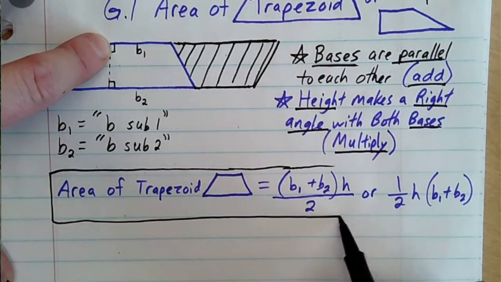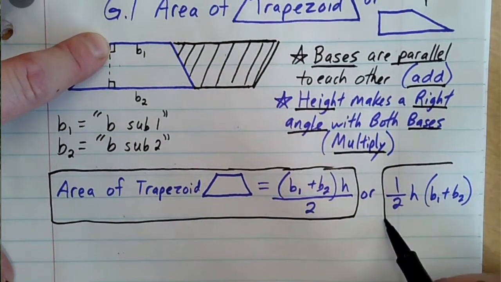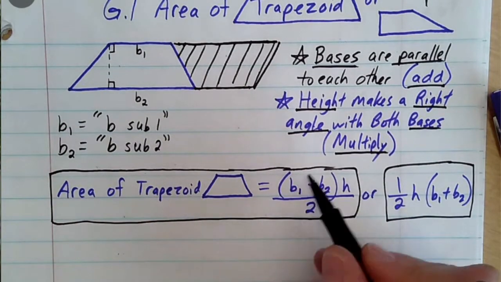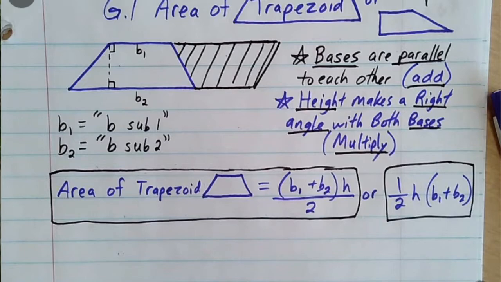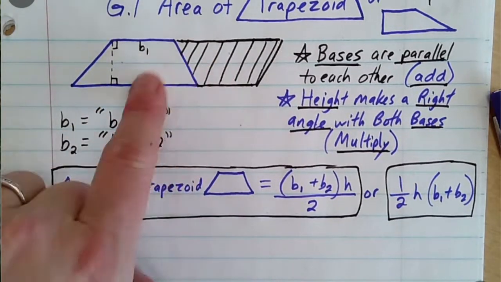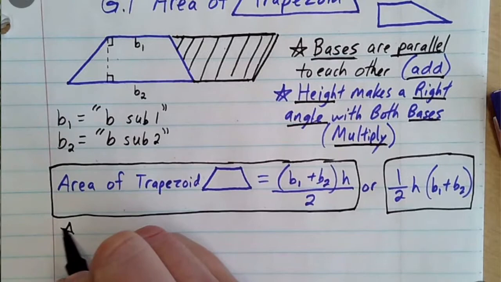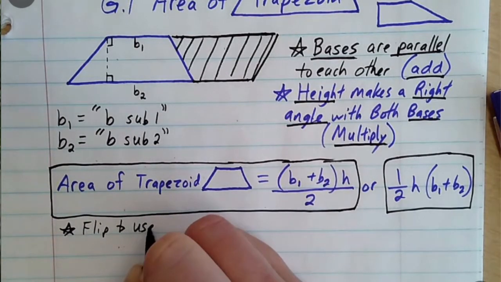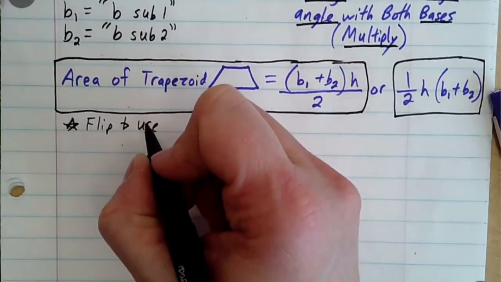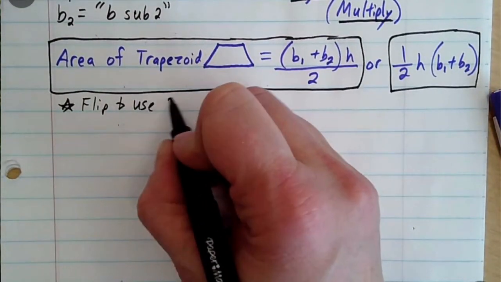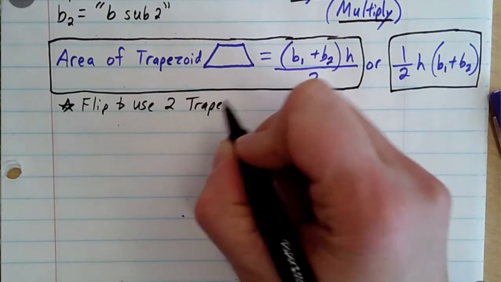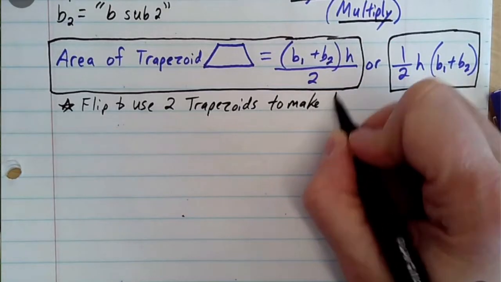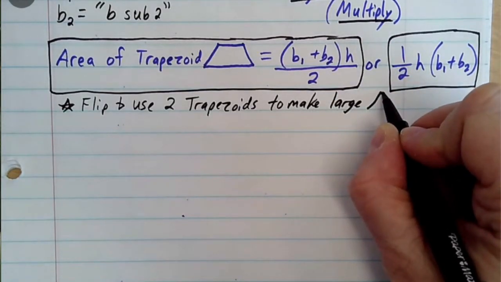So why do both of these work for the formula? 1/2 times the height times both bases added together, or add the bases together first, times it by the height, then divide by 2. So going back to our drawing up here, put some stars in our notes. You flip and use 2 trapezoids to make a large, this is a parallelogram that we end up making.